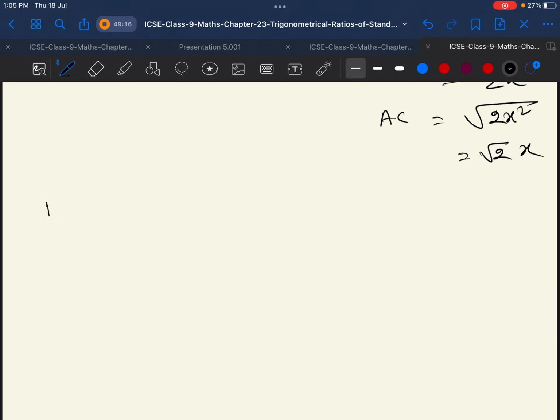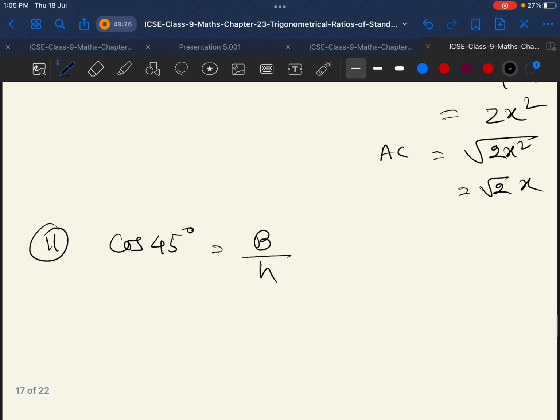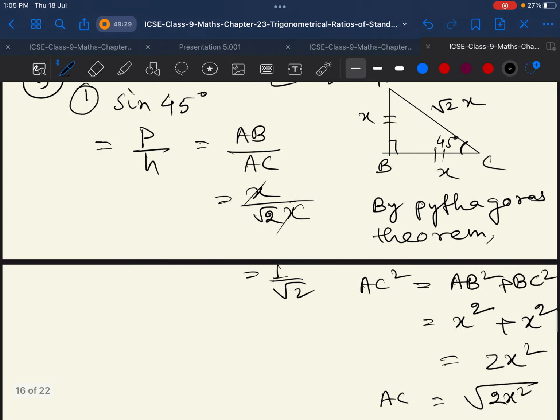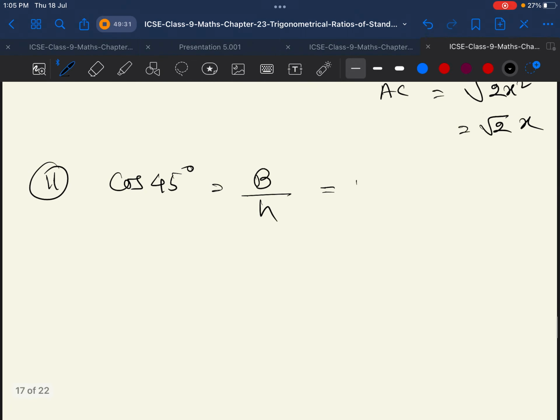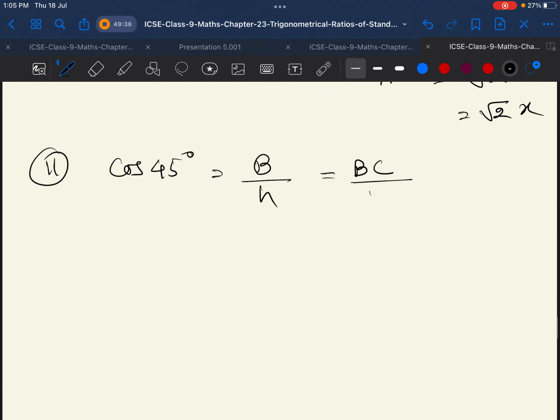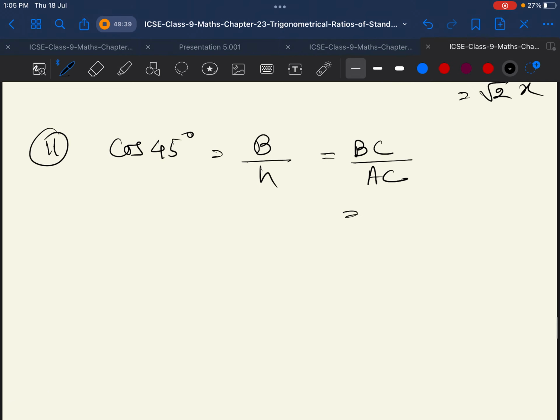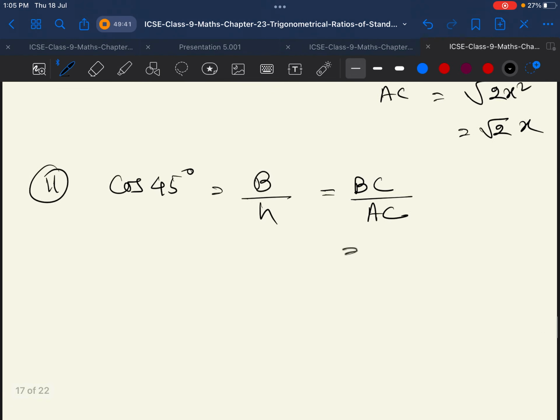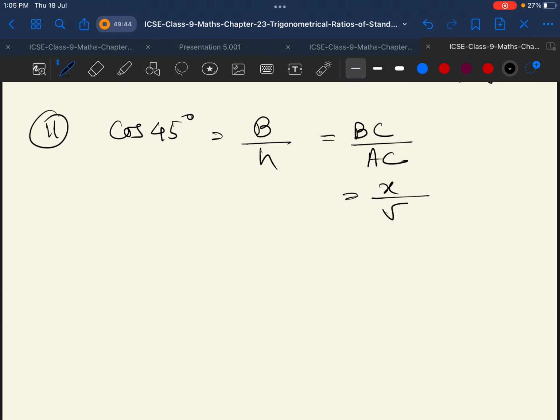Now question number 2, cos 45 degree. We know cos 45 is base by hypotenuse. So here base is BC, by hypotenuse is AC. BC we know is x and AC is root 2 into x, so x cancels, then we write 1 by root 2.